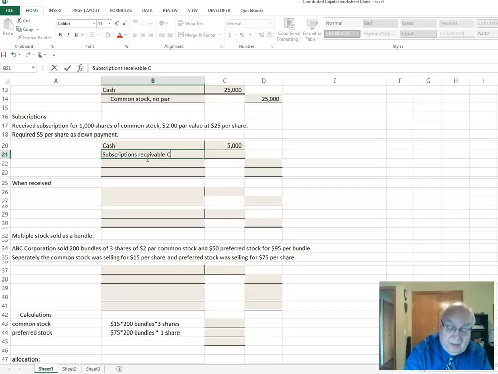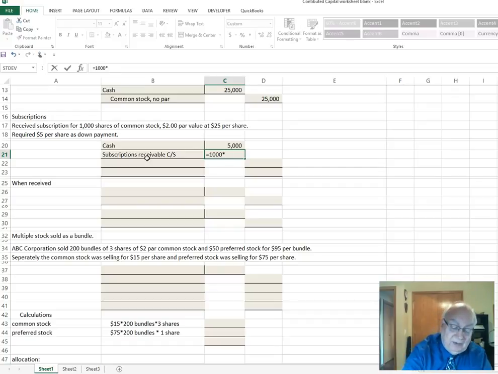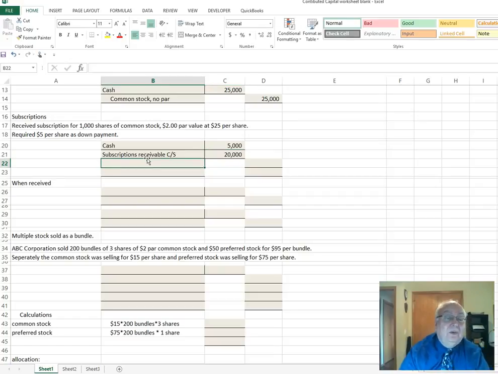And again, sometimes I will put CS behind it because it's common stock, because you may have more than one subscription, and that's equal to 1,000 shares times the 25 minus the 5, or $20,000.